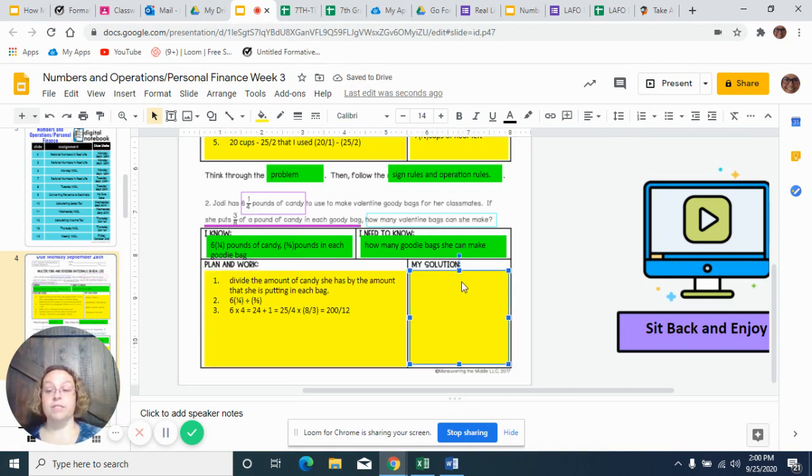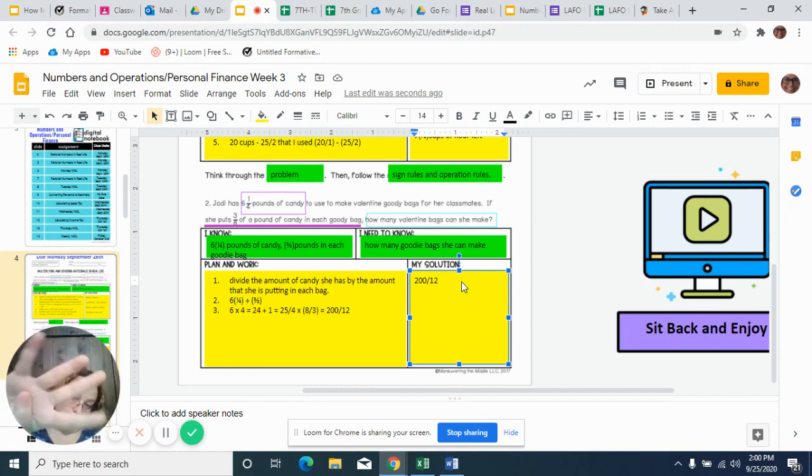So now I'm going to come over here because it's going to be part of my solution. Right now I have 200 divided by 12. That can be reduced by 4. So I'm going to divide both the 200 and the 12 by 4.